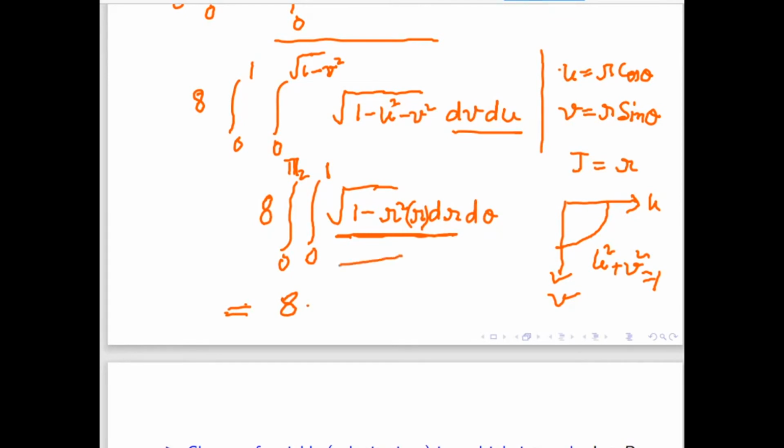Just tell me the value of this integration with respect to r, what you will get. Square root of 1 minus r square into r times dr. With respect to theta, it will come pi by 2 only.